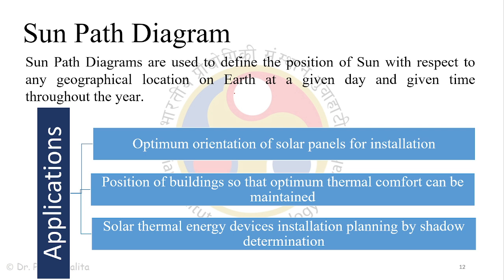The shadow of the equipment involved in that setup, or the buildings beside that particular setup, and how that shadow will vary throughout the day, can also be estimated by this sun path diagram. So that is the application of the sun path diagram.